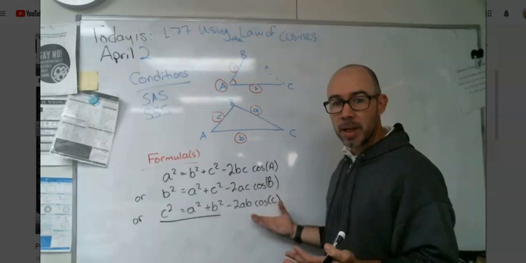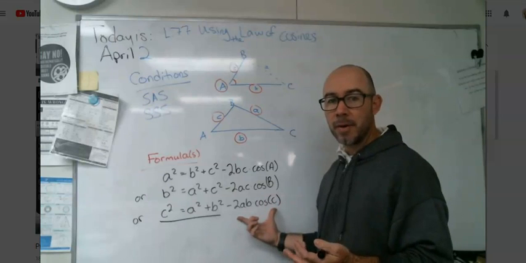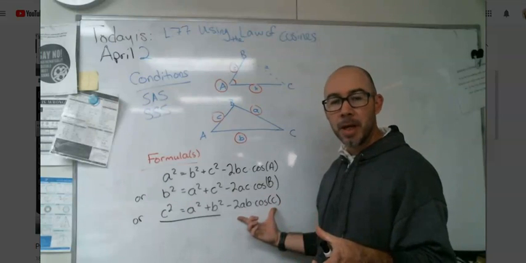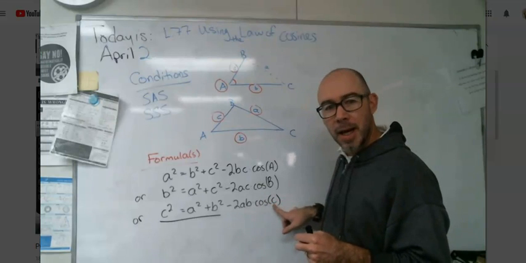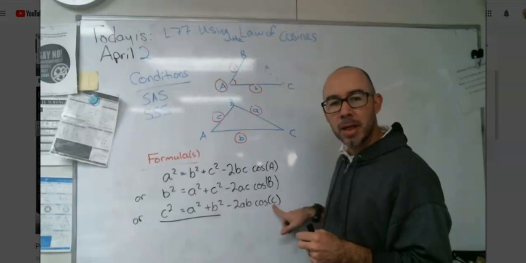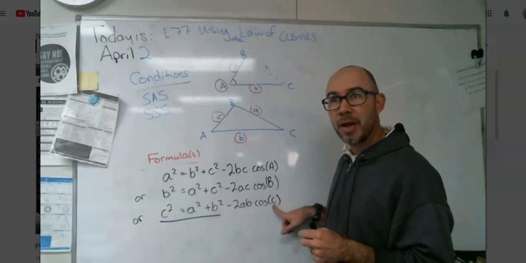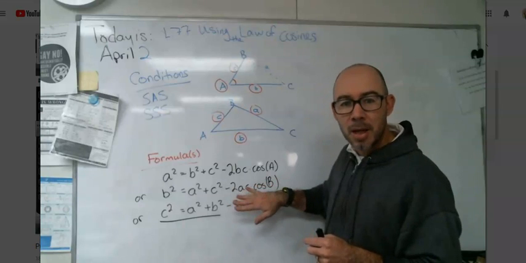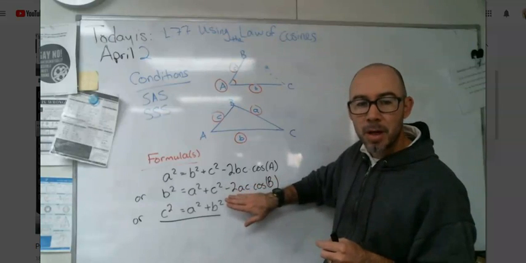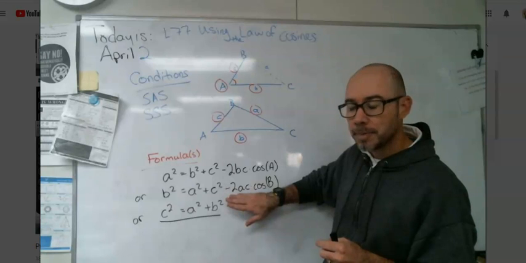You've got this extra bit here that's kind of a corrective, depending on if you get an angle bigger than 90 or less than 90. But if we put in 90 degrees for angle C, the cosine of 90 degrees is 0. So this whole minus 2ab cosine C stuff disappears when you have a 90-degree angle.